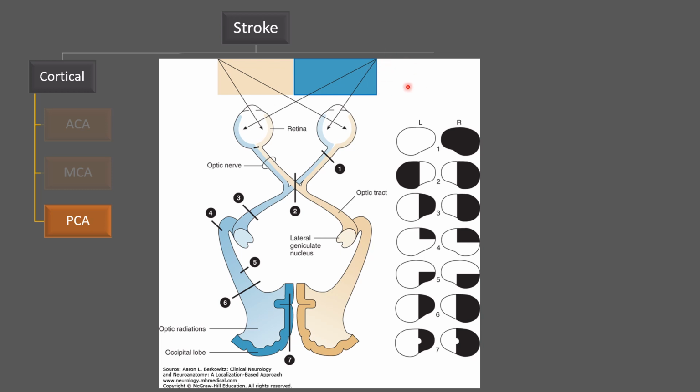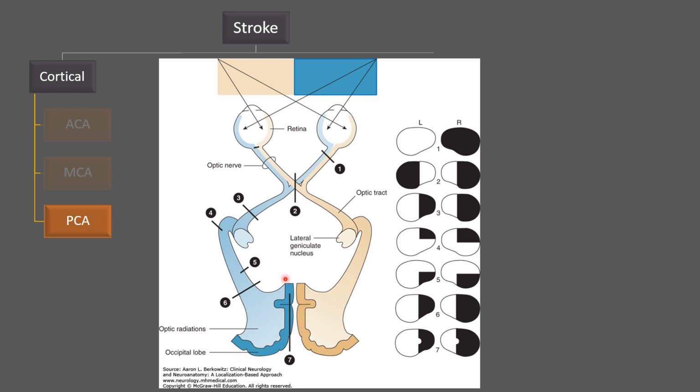Any light coming from this visual field will fall onto these medial or lateral parts of the retina, and will be transmitted through the optic tract, cross over at the optic chiasm, and then pass through the optic radiation until it reaches the optic cortex, or the visual cortex.